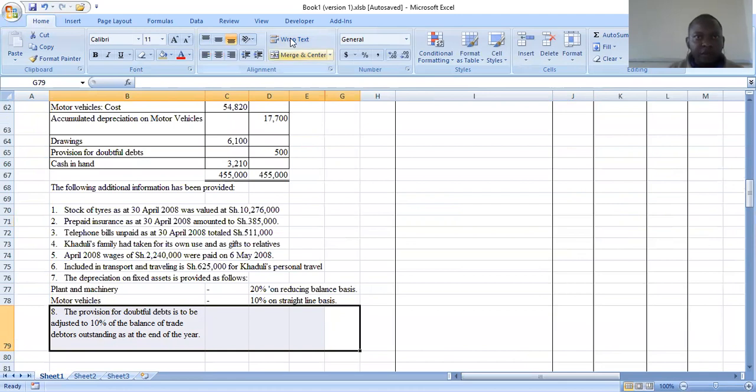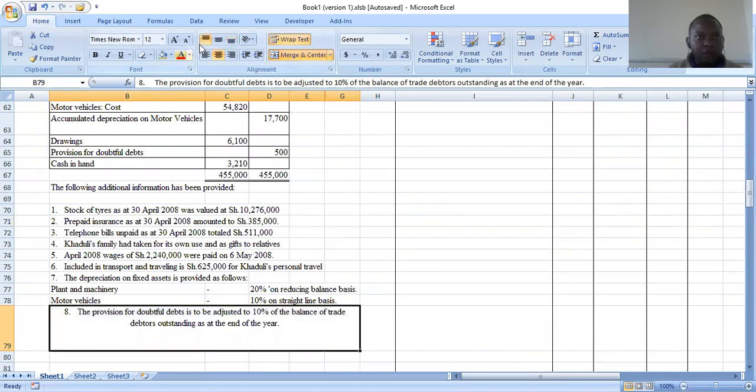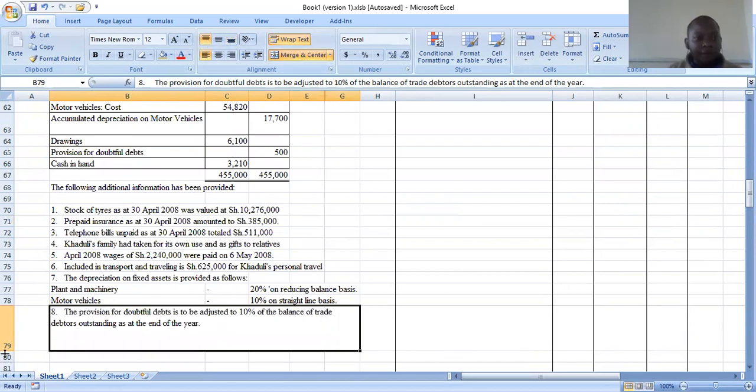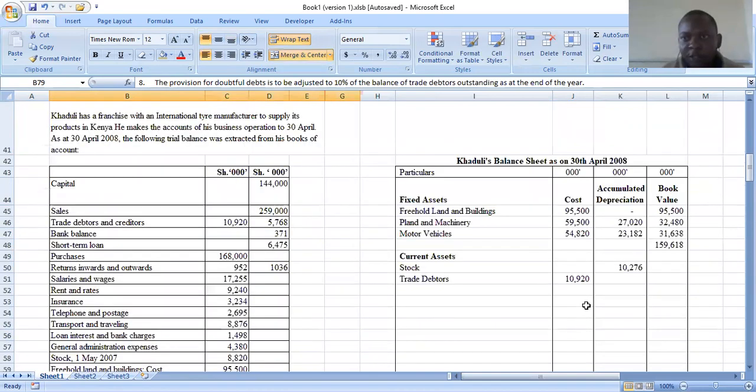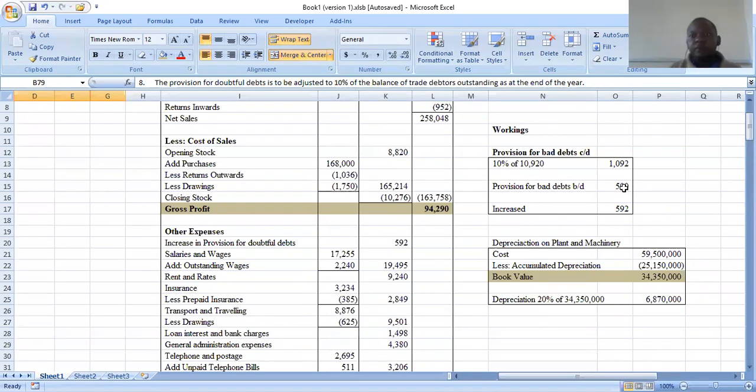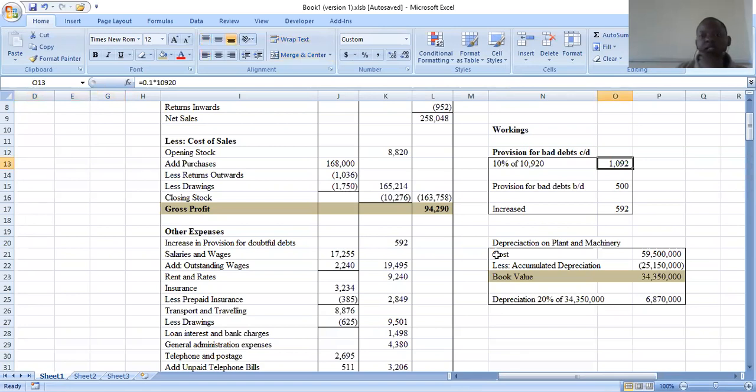It will reduce the debtors figure. And we found the provision for bad and doubtful debts to be equal to how much at the end of the year? We found it to be 1092. So we shall deduct it from the debtors.